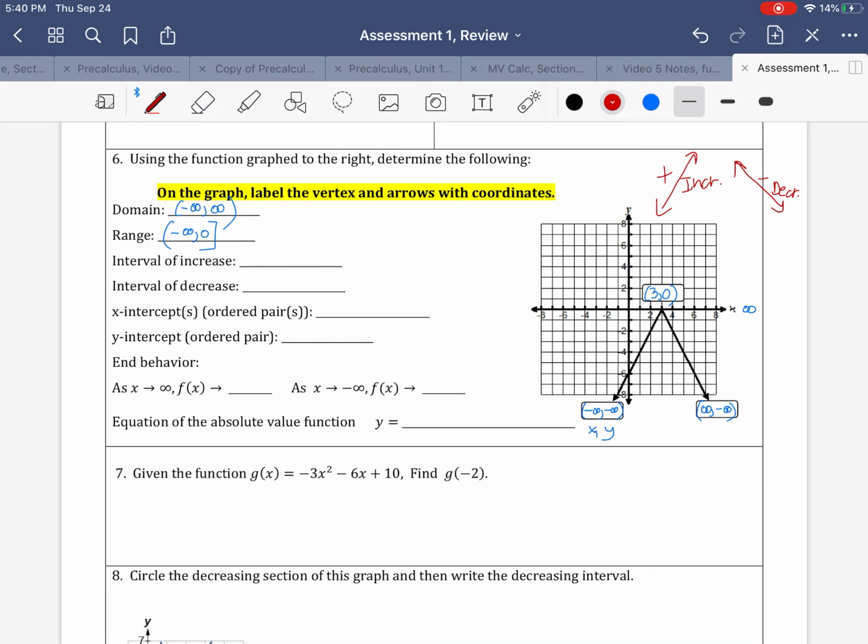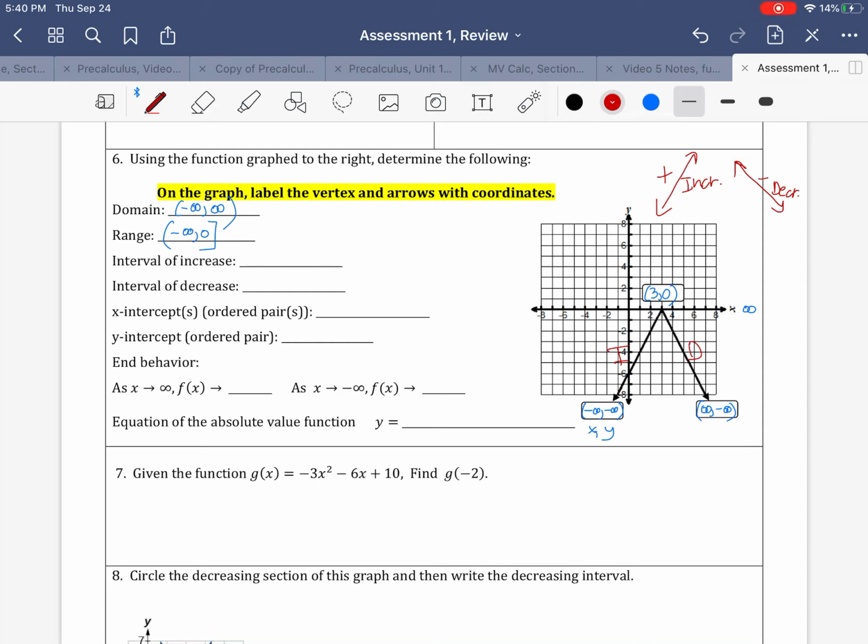When you read a graph, you come in from the left-hand side and you're like, oh, here I'm hitting the graph. I keep going, it goes up, and then it goes down. So my graph rises and then falls. We are not looking at these arrows right here. I am just looking at the graph from left to right. It's rising, so that would be an increasing area. Then it's falling, and that would be a decreasing area.